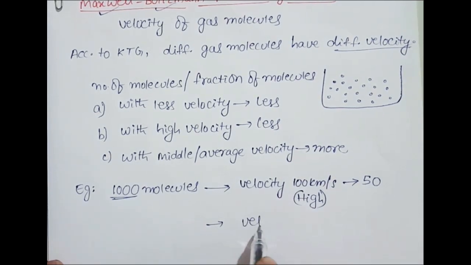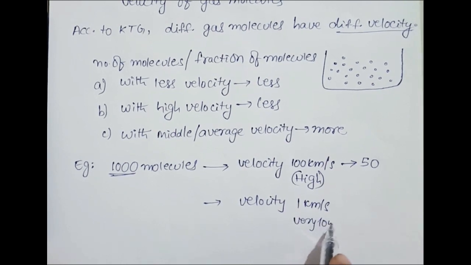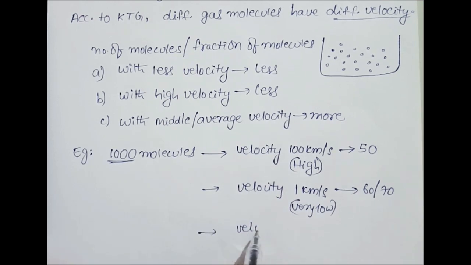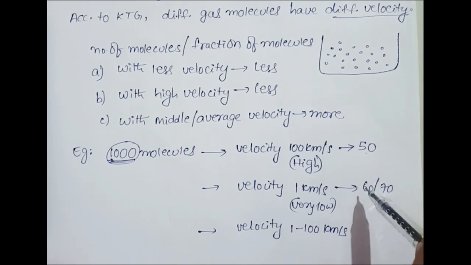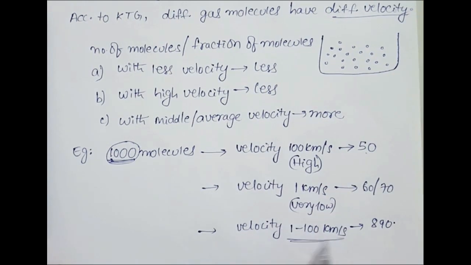Similarly, the number of molecules with velocity 1 kilometer per second, this is a very low velocity, will also be less. It's not necessary to be 50, maybe 60 or 70. But the molecules with velocity in between 1 and 100 kilometer per second, out of 1,000 molecules, 50 will be this one and 60 will be this one, so the remaining around 890 molecules will have this middle velocity.